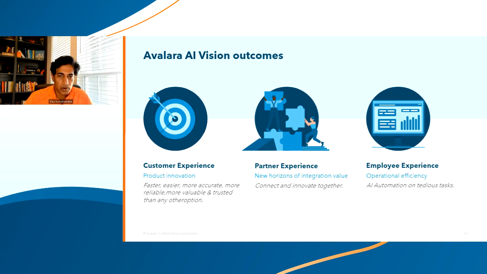We want to make our product the fastest and the easiest for you to use, the most accurate we can get, reliable, and valued by our customers. That is our core focus. AI is an enabler for it. When we look at our technology, we evaluate whether it helps move our mission forward, whether it produces the value that we provide our customers, and whether customers trust us. We use that as the threshold in how we use AI.